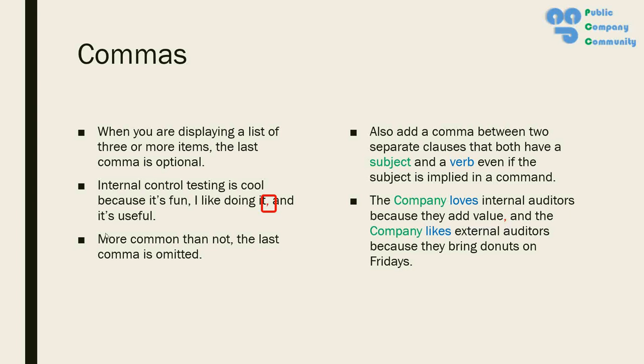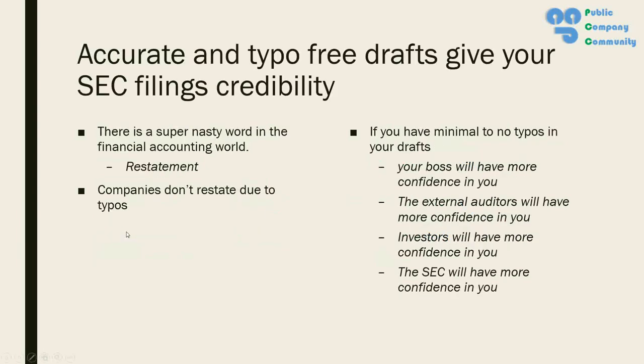Now, the next thing that we're going to talk about is it's really important to have an accurate and typo-free draft that you're doing with your SEC filings. Now, there's never been a restatement, as far as I'm aware, of just a simple comma being left out or "respectively" that was lost.